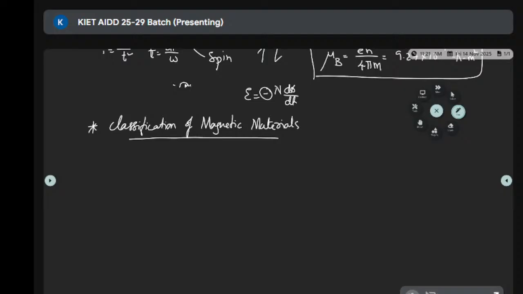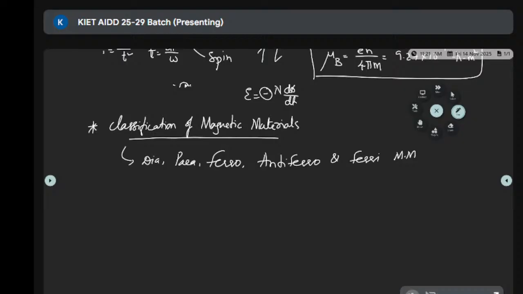Actually, this is a complete theory question. Generally, magnetic materials are classified as dia, para, ferro, antiferro, and ferri: diamagnetic substance, paramagnetic substance, ferromagnetic substance, antiferromagnetic substance, ferrimagnetic materials.